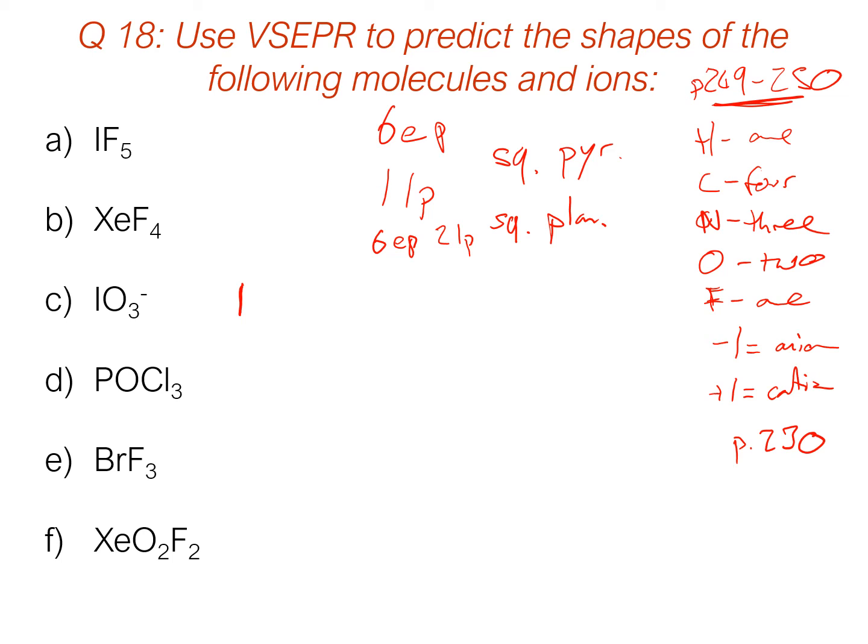Since oxygen isn't a central atom in the way that it would be in like water or something, and iodine's the central atom, then we're just going to put double bonds to the oxygens. So we have a double bond to this oxygen, a double bond to this oxygen, say, and then we've got a negative charge. So we know that one of these oxygens only actually has a single bond. So we can do it like this, O minus.